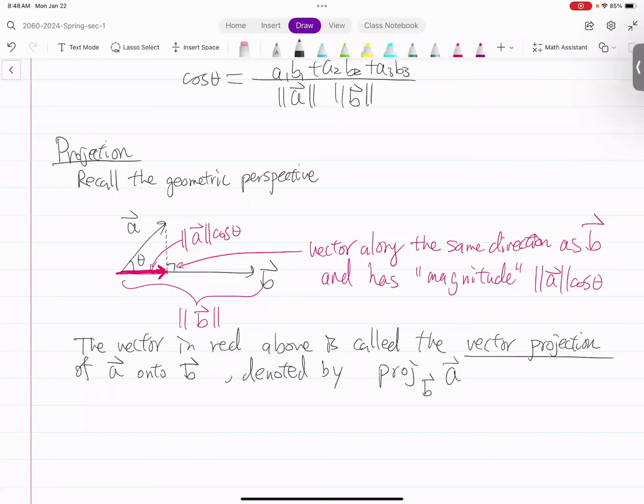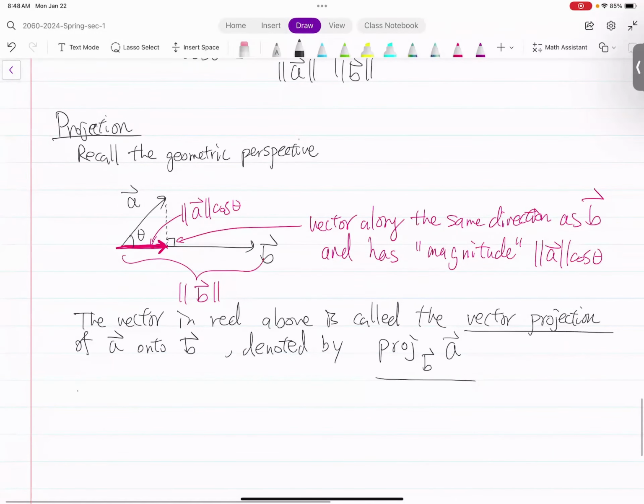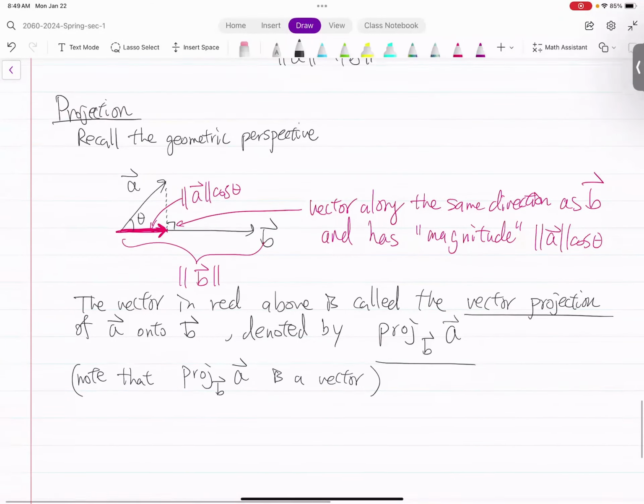That's A. So this is the notation. Note that this vector projection onto the vector B of vector A is a vector. So this is a vector along or exactly opposite the direction.